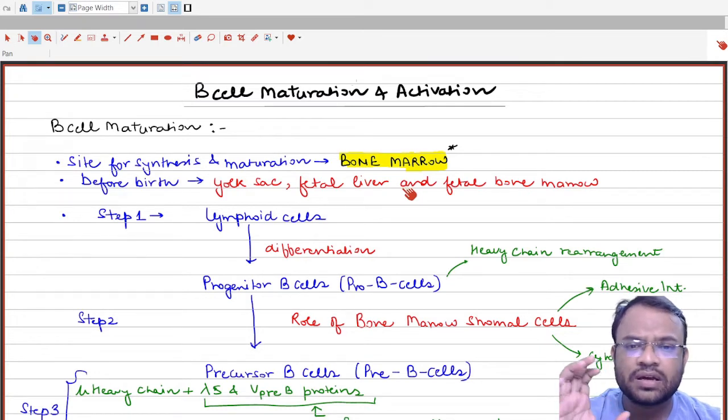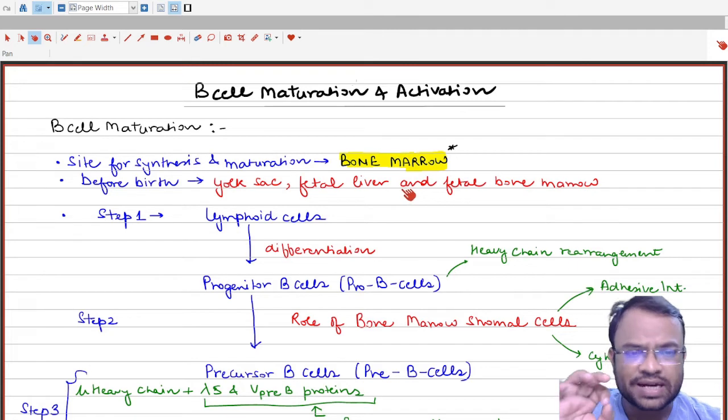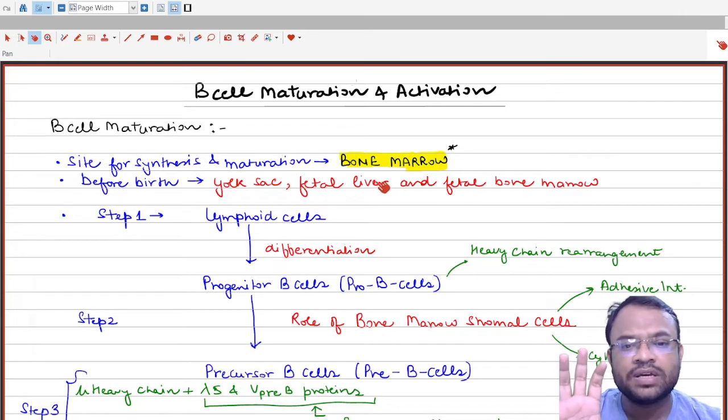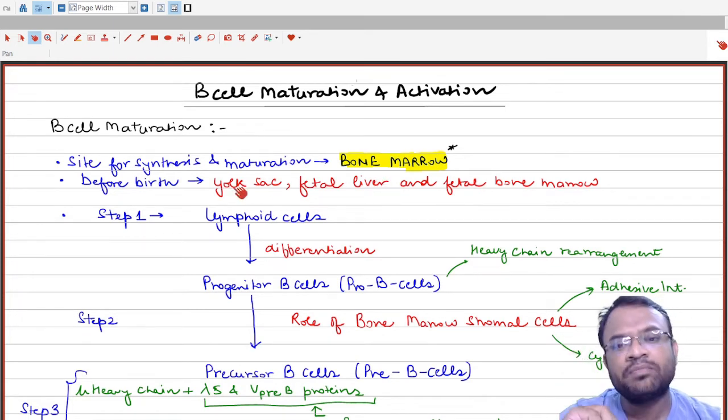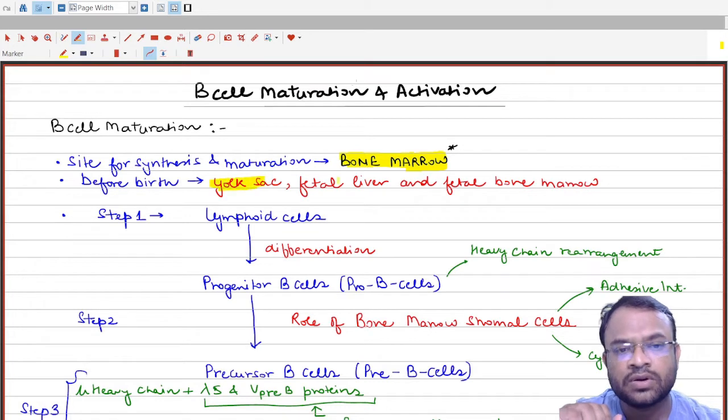That is why, when the bone marrow is not present and the baby is still not born, the function of bone marrow is performed by the yolk sac or fetal liver or fetal bone marrow.